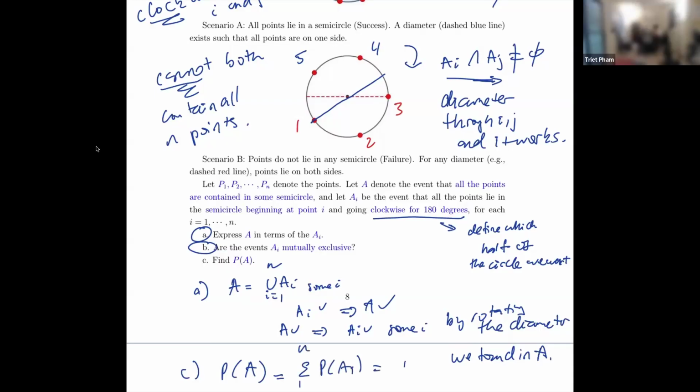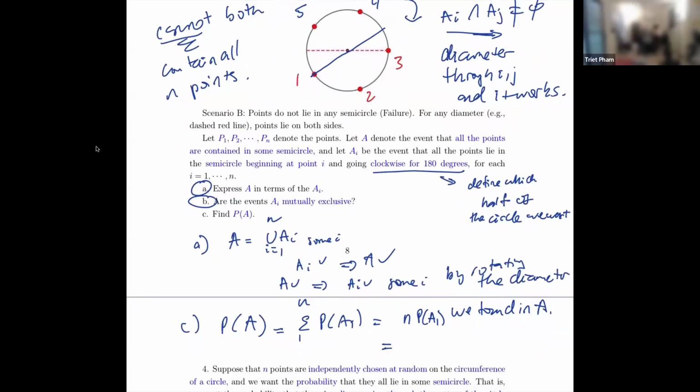Because they are all the same, it's just n times P(A1). Now tell me what's P(A1). It will be 1 over 2 to the n minus 1, because once you have A1 fixed, all the other points must be on the same half, which is 1/2 raised to the n minus 1 power, correct?